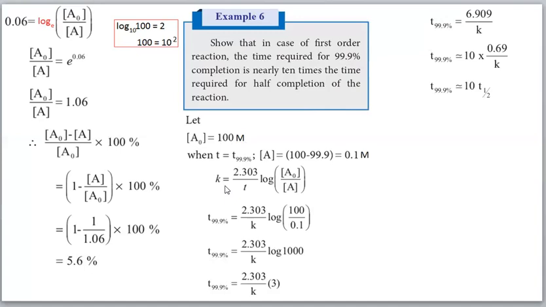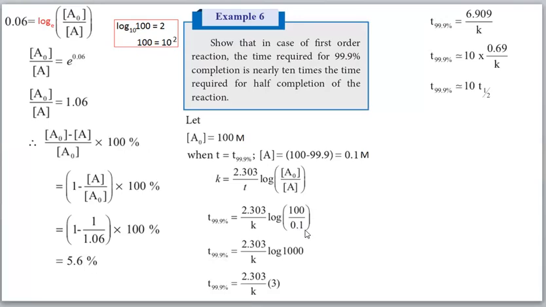So we can write the first order rate constant K is equal to 2.303 by T log A0 by A. On rearranging, we get T for 99.9% equal to 2.303 by K log A0 by A. A0 is 100 and A is 0.1.